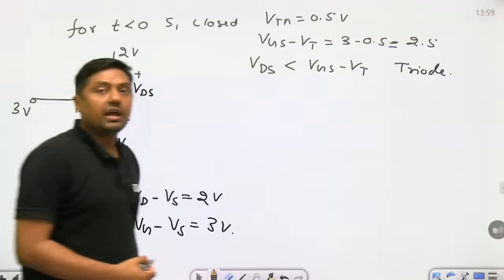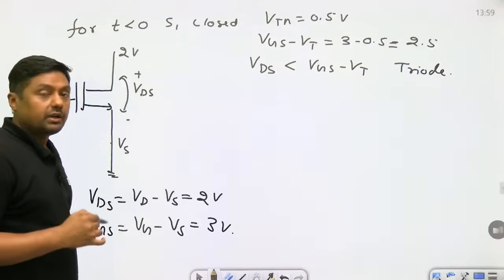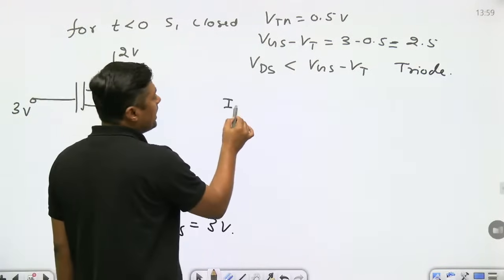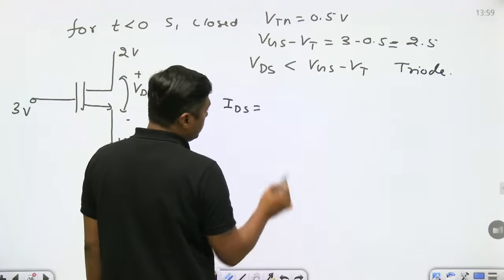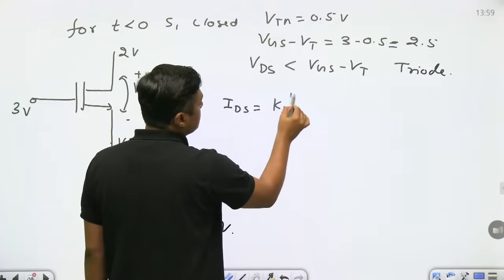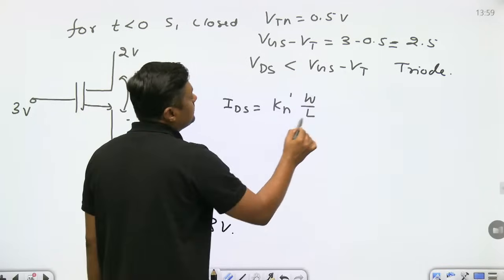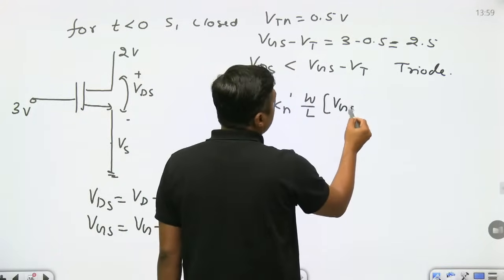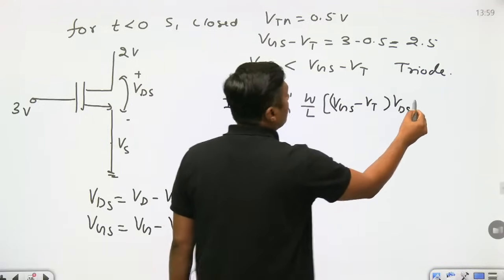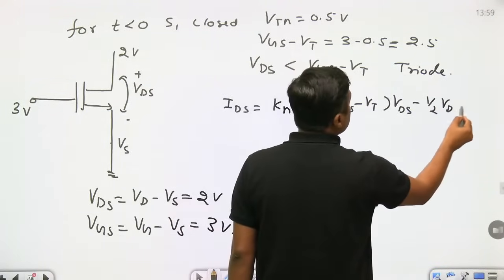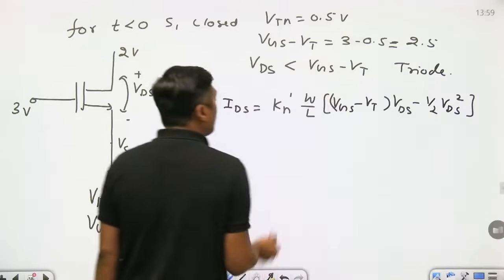What is the formula for the triode region? IDS is equal to, in a triode region, Kn' W by L, VGS minus VT into VDS minus half of VDS square. That is the formula for the current.